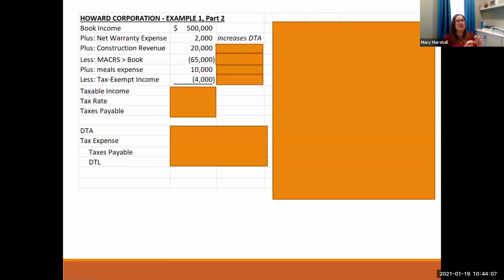Now notice, instead of creating a DTA or DTL, these are increasing or decreasing them because these are assets and liabilities. They're permanent accounts. So as we adjust them, we'll increase or decrease where they are. So if we increase the DTA by 2,000, and then construction revenue is actually decreasing the DTL. Now it's really easy to assume we need to create a new DTA, but if we kept the DTL like we had it in the first year and then made a new DTA as it reversed, those 2 accounts would never go away.